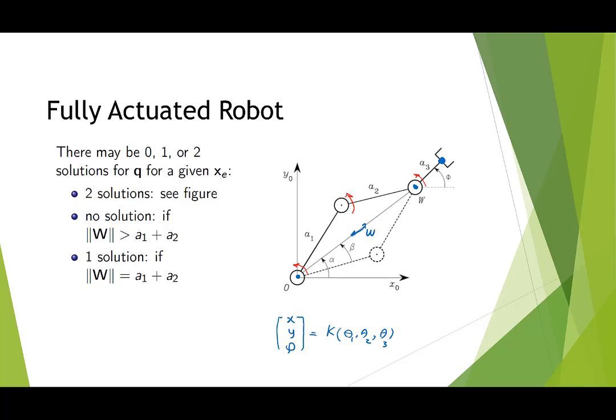So you can get an idea about how difficult inverse kinematics is, and even for a fully actuated robot, we might have difficulties getting it from forward kinematics. That's why we usually don't look at inverse kinematics directly. We look at the Jacobian and velocity kinematics.